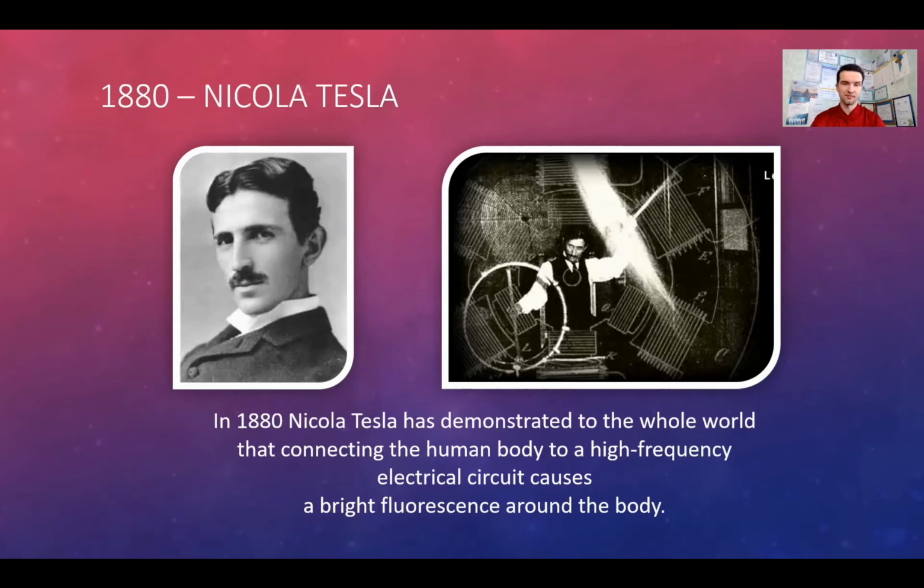But at least Nikola Tesla showed that the whole body can emit this kind of glow, and also different types of conductive objects. The most interesting for researchers were studies of the glow of living objects, of course, human beings and different plants, etc.